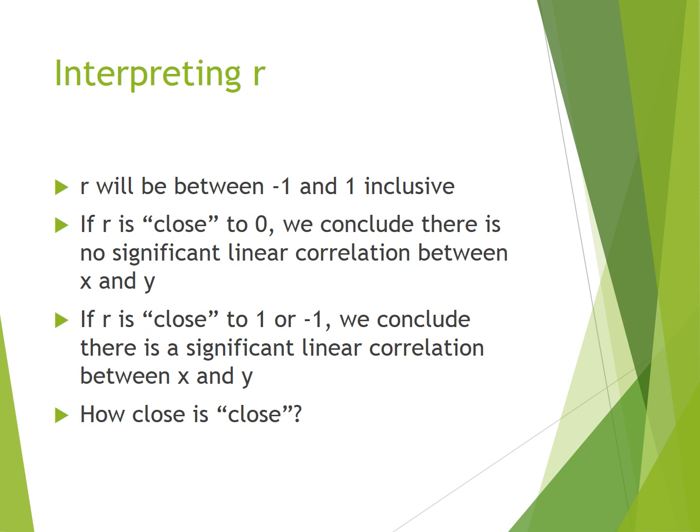Between 0.5 and 0.8, or -0.5 and -0.8, we say there's a moderate linear relationship. Once you get close to 0.8, between 0.8 and 1, or -0.8 and -1, we say there is a fairly strong linear relationship.